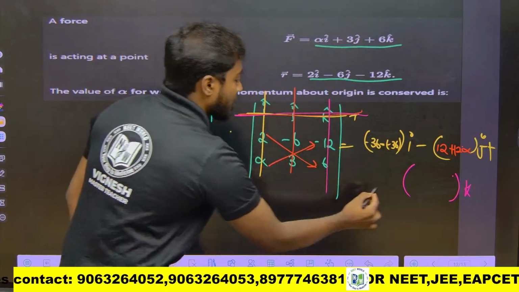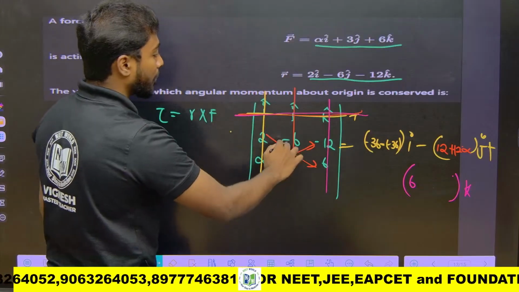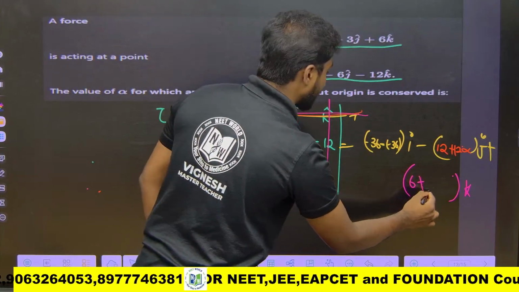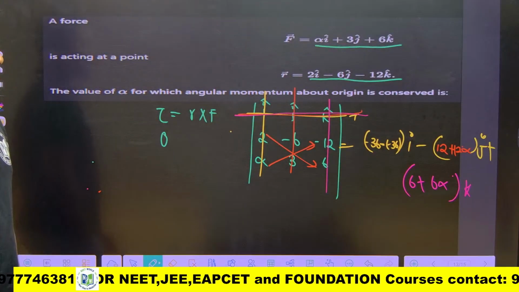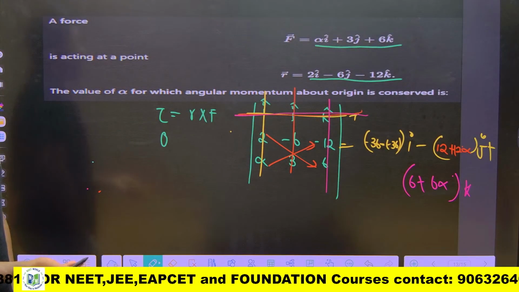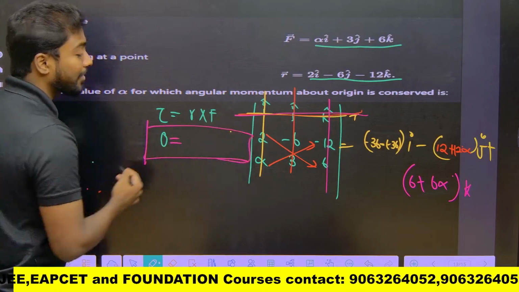It is 6, 2 3s are 6, again this one will be minus of minus, plus 6 alpha. This is the thing, guys, that's it. Now I can easily equate to 0 and get the answer for alpha.